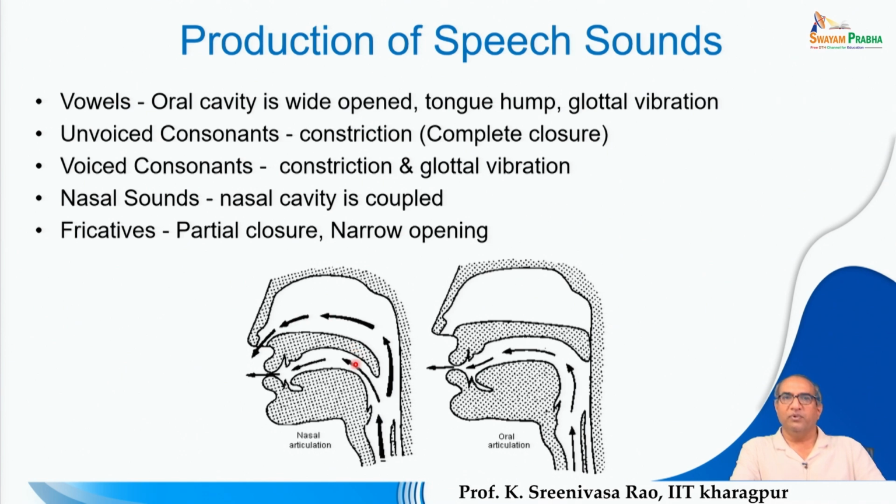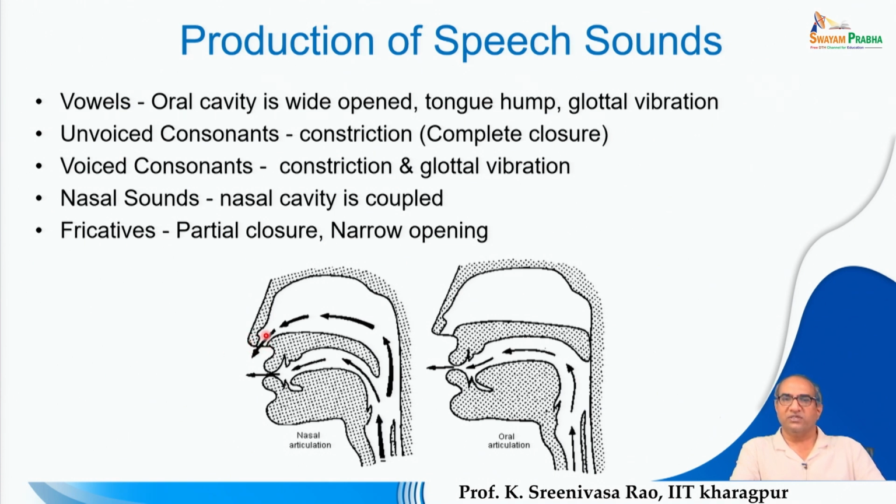How are they coupled? Here we have a velum. This velum will be lowered, and the oral cavity will be closed somewhere. Because of that, the excitation is not propagated through the oral cavity. So the only way is that the excitation is propagated through the nasal cavity and emitted through the nostrils.